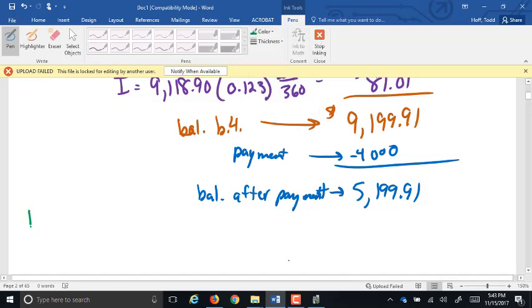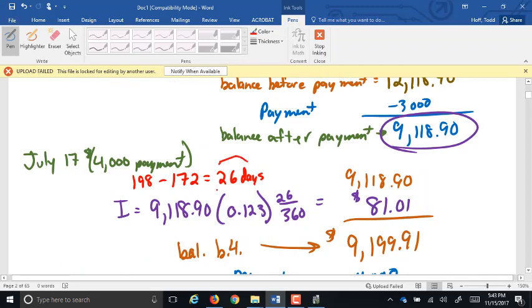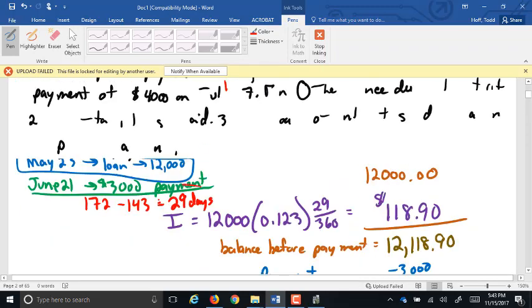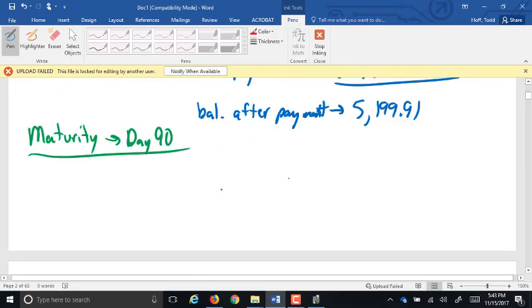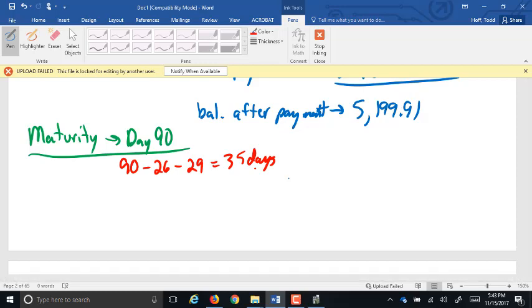Our next action is maturity. I'm not even going to bother with the date. It's just day 90, right? I don't have to look up the date. All I know is that I've got 90 minus 26 and minus 29, which is what, 35 days? Does that look right? So we've got 35 days to calculate interest on $5,199.91.